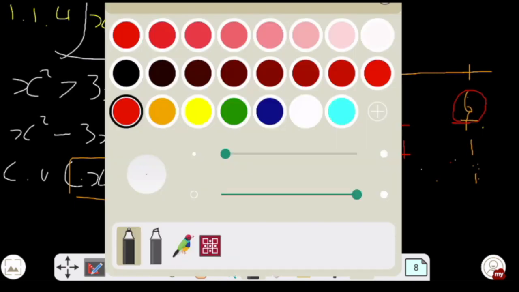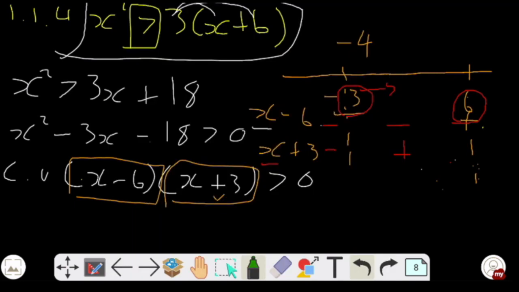Then let's move on to the 6. Any number greater than 6, let's take a 7. A 7 substituted here will give you a positive sign, and again a 7 substituted here will give you a positive sign.